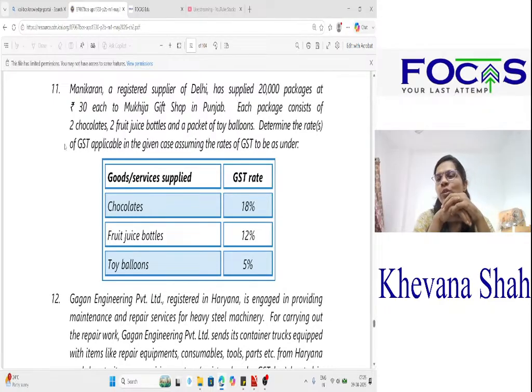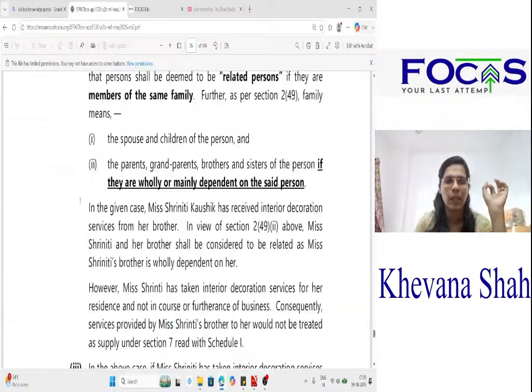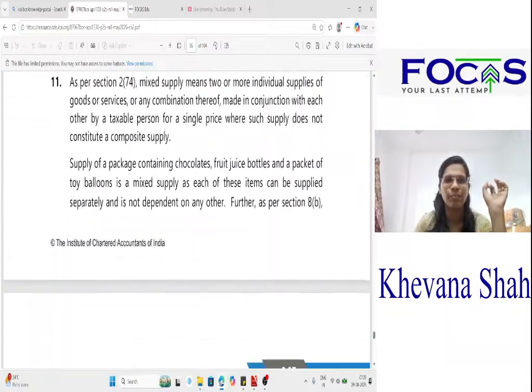So what shall I do for mixed supply? How will I find out the rate that is applicable? I will be checking the highest rate. Okay, the highest rate amongst these is the rate of the chocolates. So what I will do is apply this 18% on 30 rupees as my GST and calculate my GST liability. Now let's check the answer.